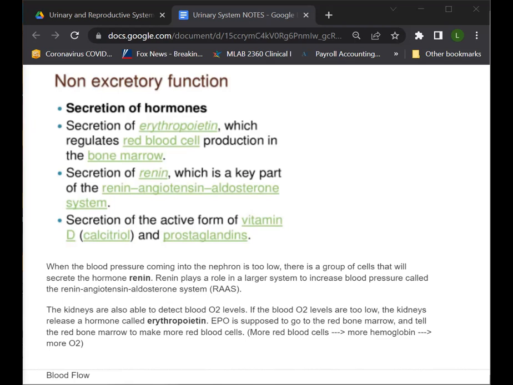And the renin-angiotensin-aldosterone system is supposed to help increase blood pressure. So technically, renin helps increase blood pressure.